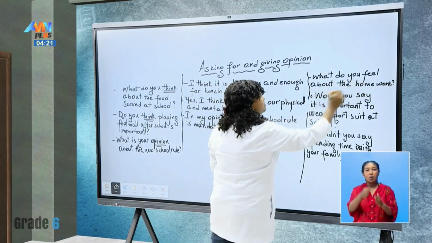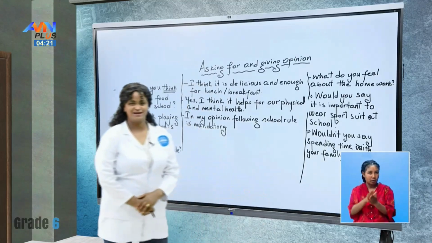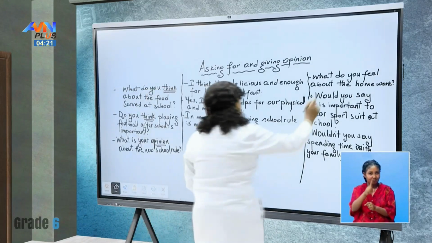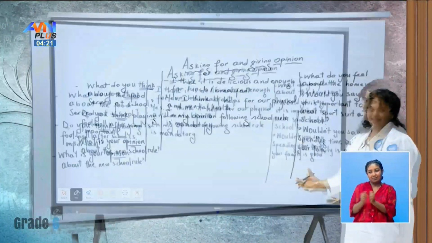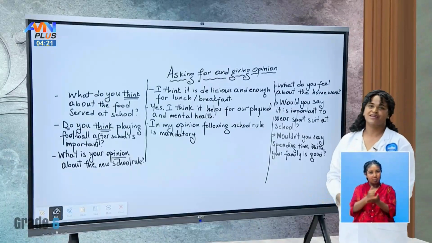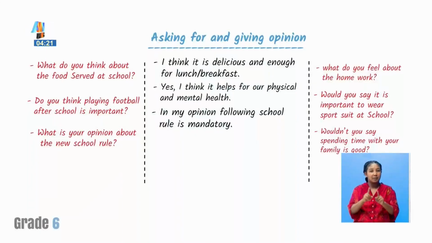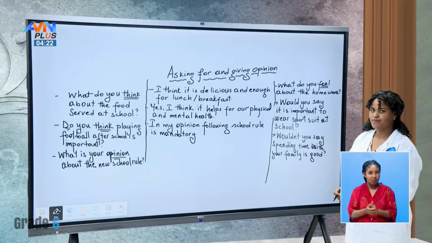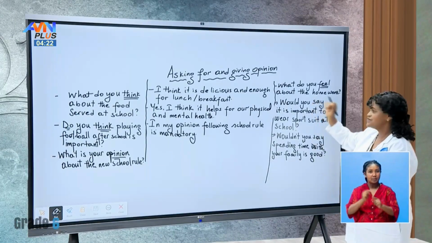What do you feel about the homework? As I told you earlier, maybe this person wants you to do it together, to help each other. But technically, he is asking for your opinion or your feelings. What do you feel about the homework? Then, how do you say? To answer this one, it's very simple.